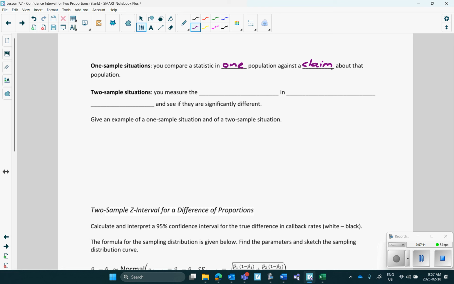But in 2 sample situations, you measure the same statistic in 2 populations.